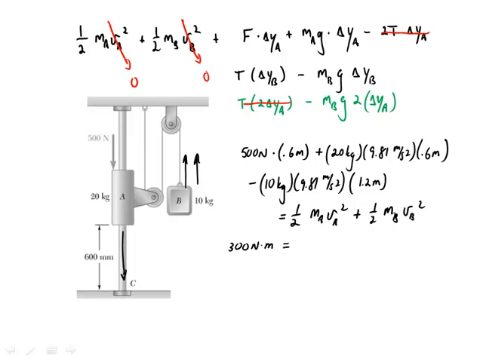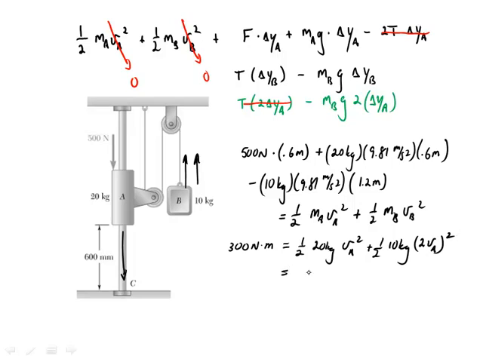The right-hand side, I'm going to have 1/2, 20 kilograms, times the velocity of A squared, plus 1/2, 10 kilograms. Now the velocity of B, since there's a 2-to-1 relationship, will be twice the velocity of A. Keep in mind, I square that whole quantity.